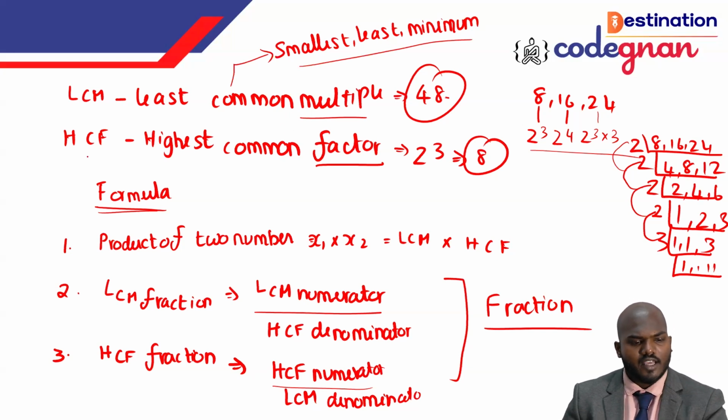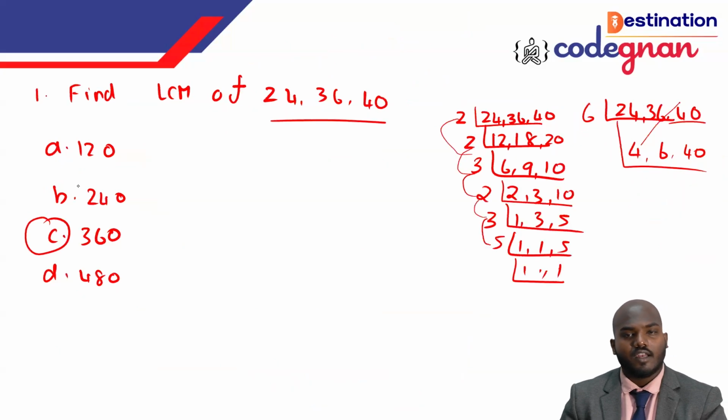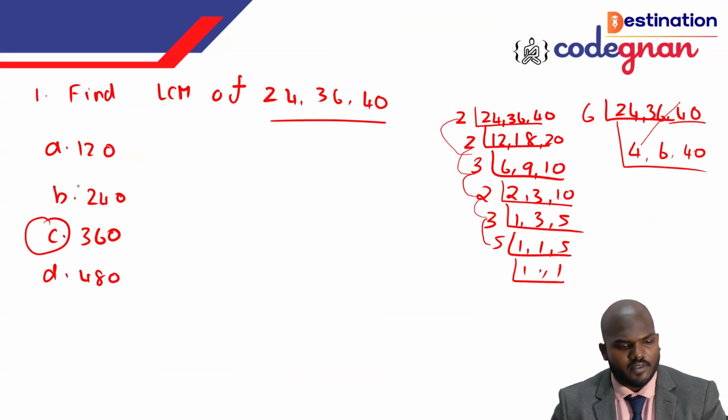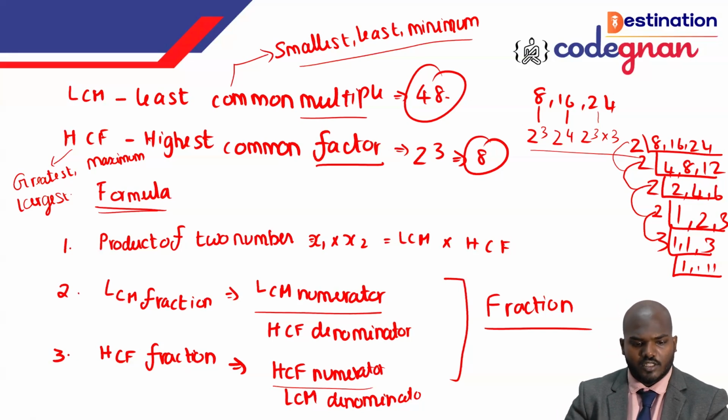If they are asking the HCF, then they will use words like greatest, maximum, and largest. So this is how we can focus on the application. These are the keywords you must remember, so that you can understand whether this is LCM or HCF.